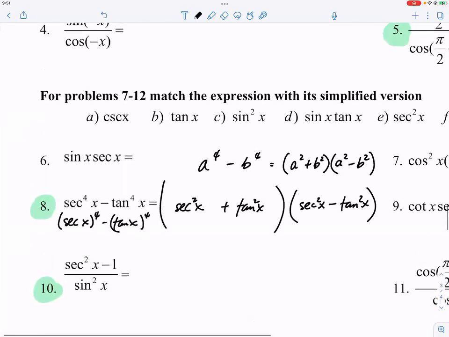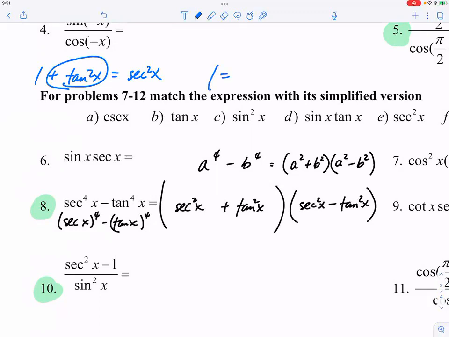The Pythagorean identity, which is what? 1 plus tangent squared x is equal to secant squared x. So you're like, wait, hold on. Does that relate to this thing right here? Can you make use of it? Yeah, if you move the tangent to the other side, 1 is equal to secant squared x minus tangent squared x. So this thing right here is just 1.